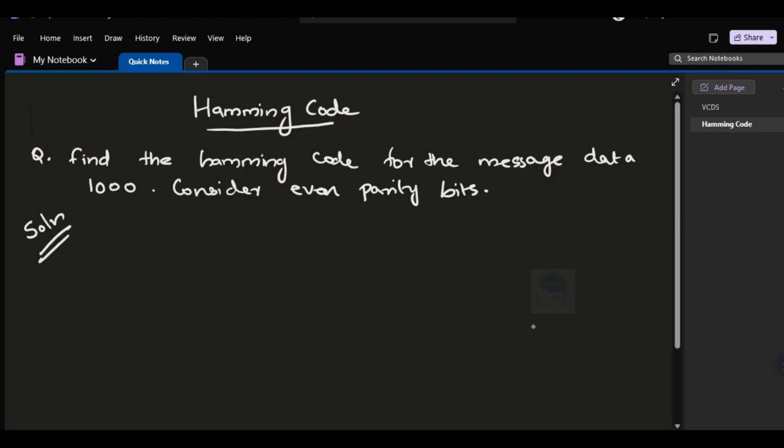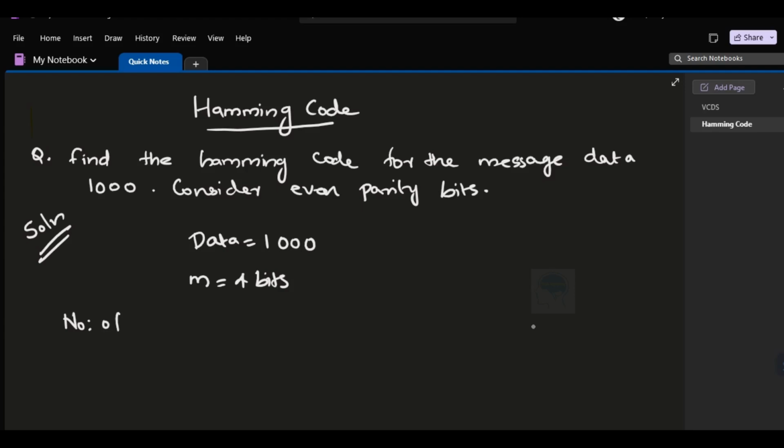Our solution starts with the given data, which is 1000, which means our m is equal to 4 bits, because 4 bits are given in the data. The next step is to find the number of parity bits.